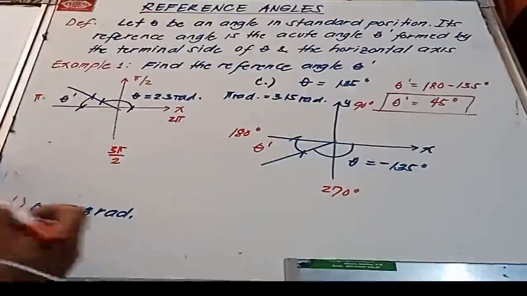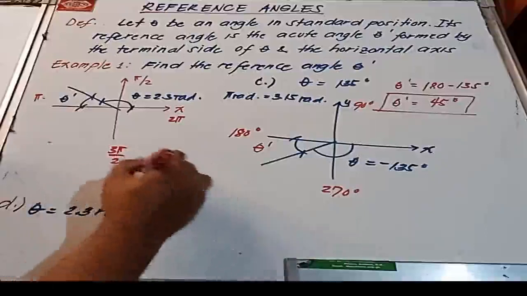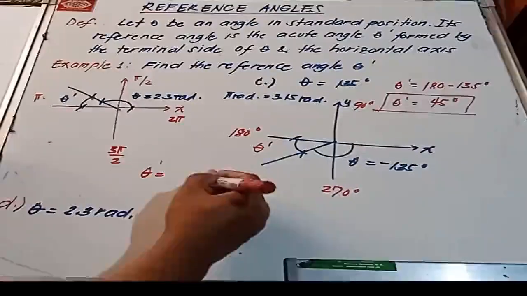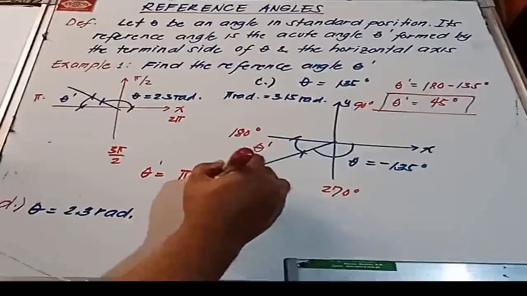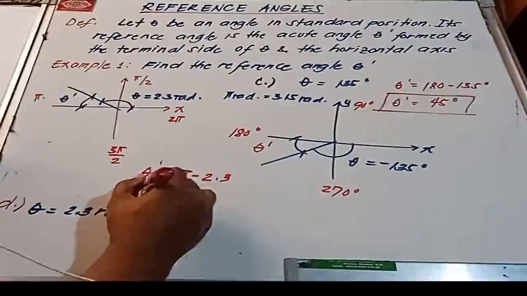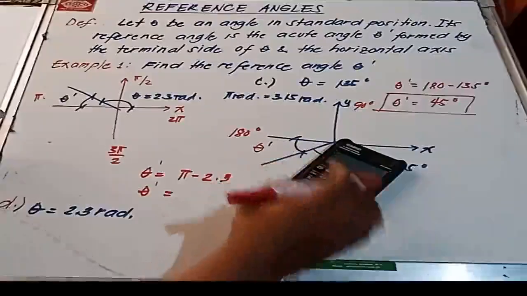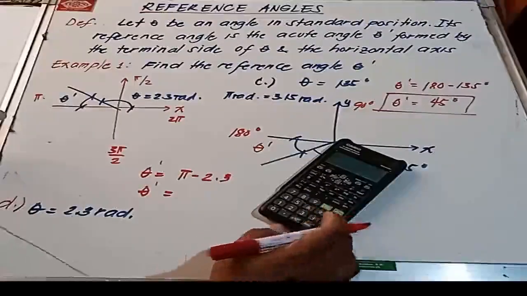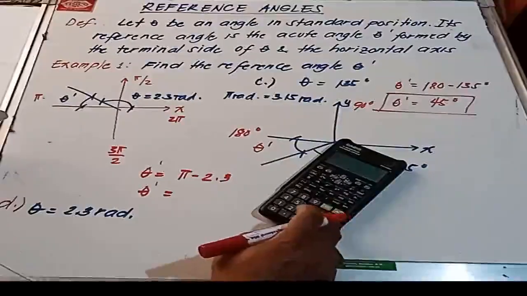Now, ang theta prime natin for letter D is theta prime equals pi minus 2.3. Okay? So therefore, our reference angle, just use your calculator, shift pi, kasi yung pi natin ay nasa top of this button. So kailangan mag-shift tayo.